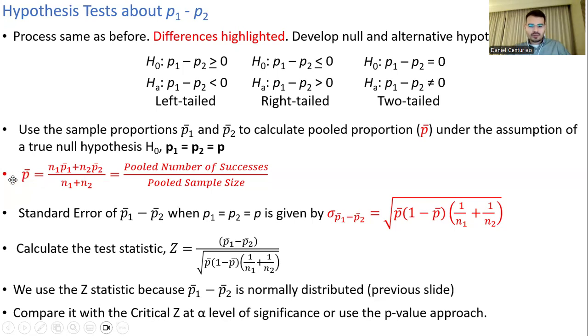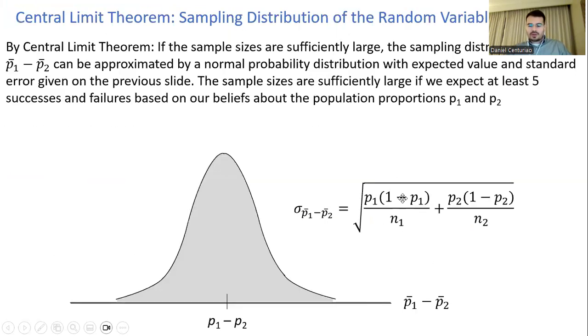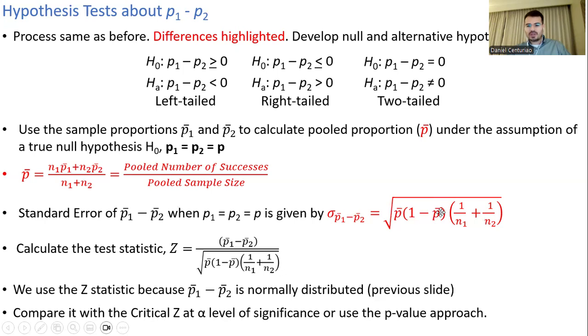After you have done that and calculated P bar, you can then use P bar to calculate the standard deviation of the differences of the proportions from the two samples. You don't need to apply P1 and P2 anymore. You can simply use this weighted average in the formula, which is basically the same formula as we saw before. Okay, but instead of having P1 and P2, now we have just P bar. Okay, this formula is exactly the same as this one.